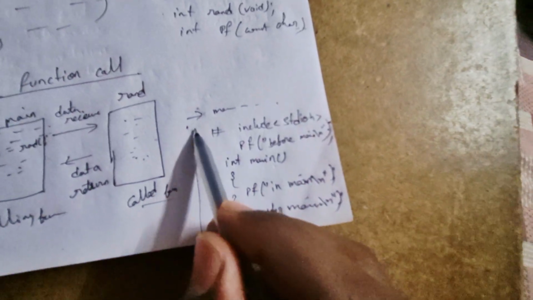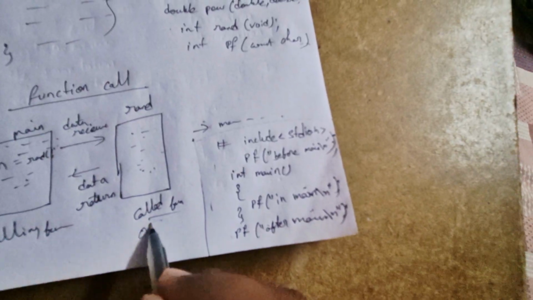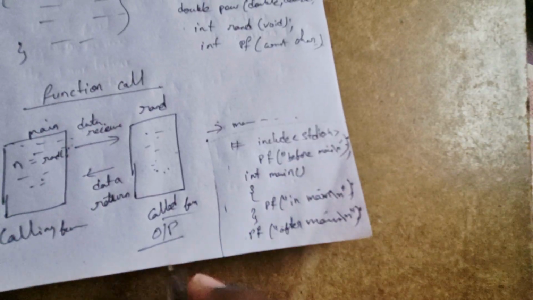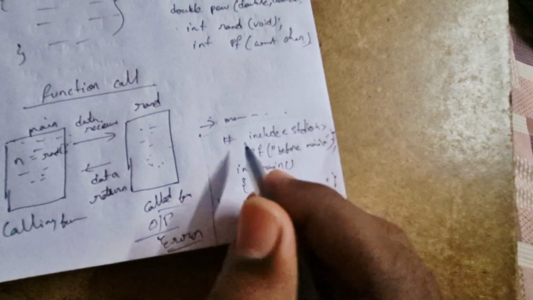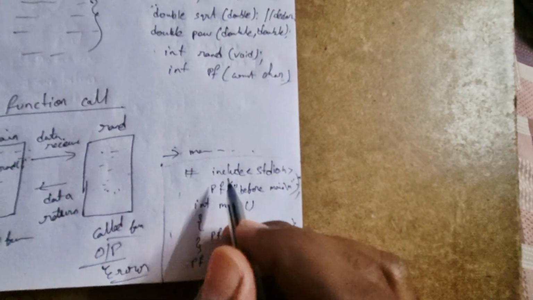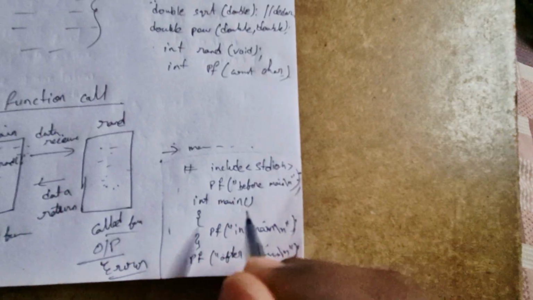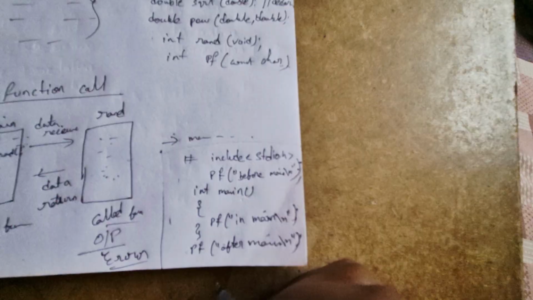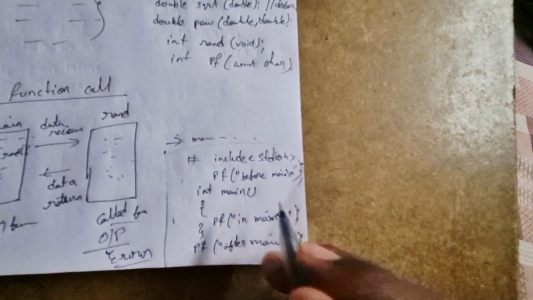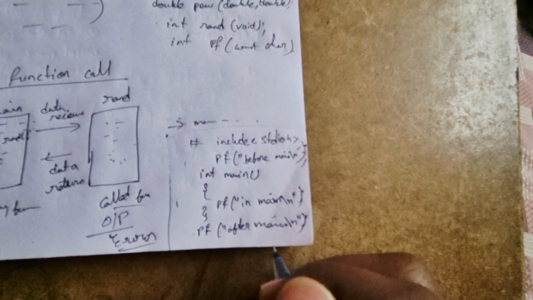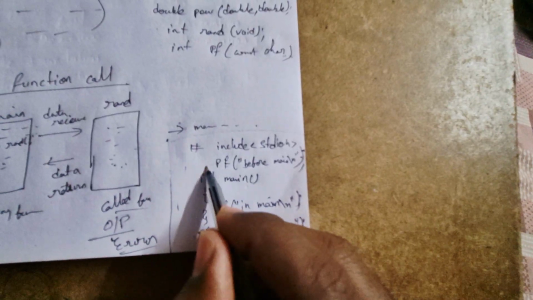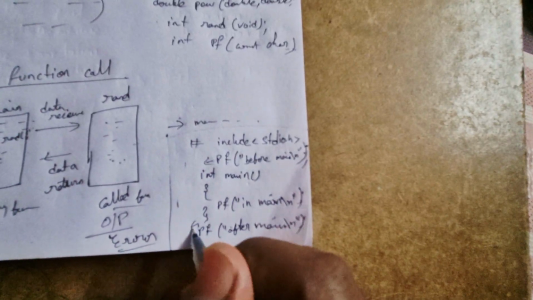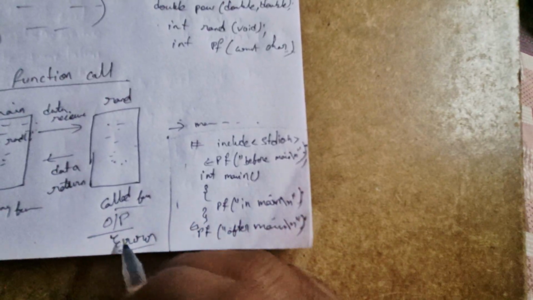I wrote some code here. Could you please tell me what the output is? The output is an error. Why? Because as I told you, every function declaration or function call is inside a function block. Every statement must be enclosed inside a function block. These statements are not enclosed in a function block, that's why the output is an error.